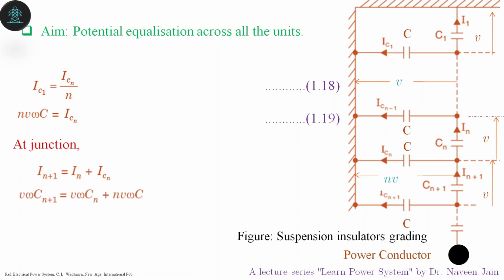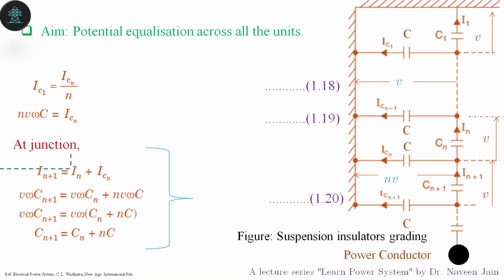Just substituting the values of these three currents and solving, finally we obtained this expression: Cn plus 1 is equal to Cn plus NC. This expression is very important, and many times a numerical is directly given based on this expression.